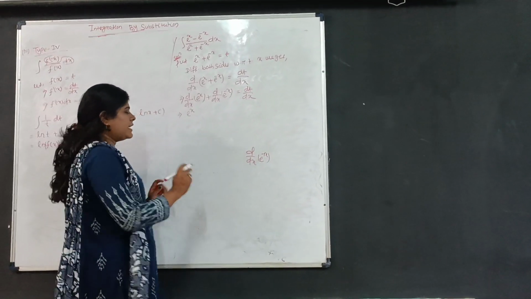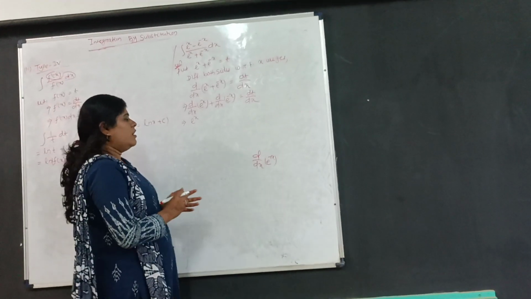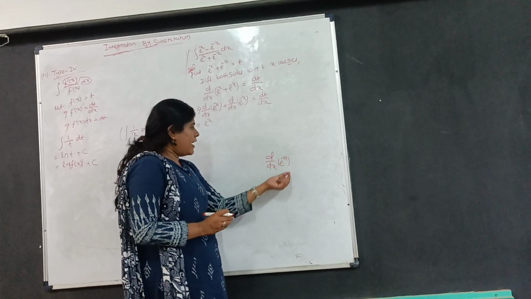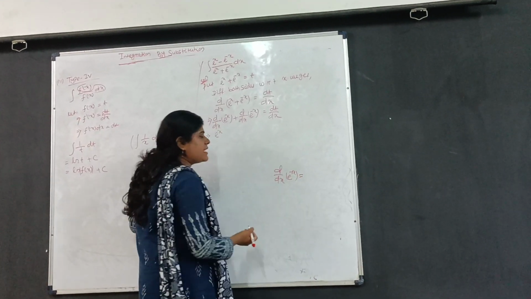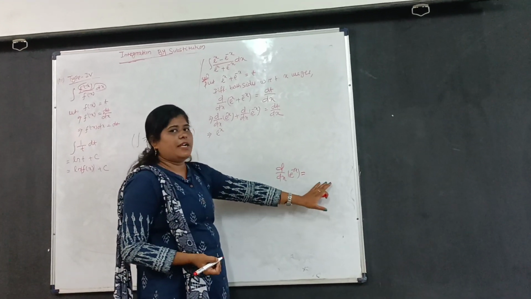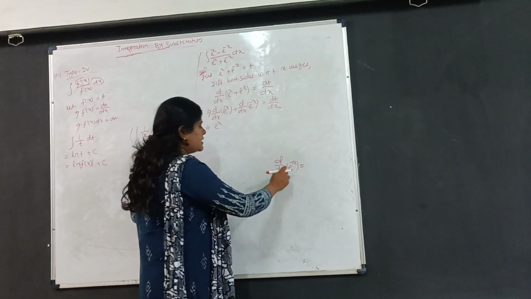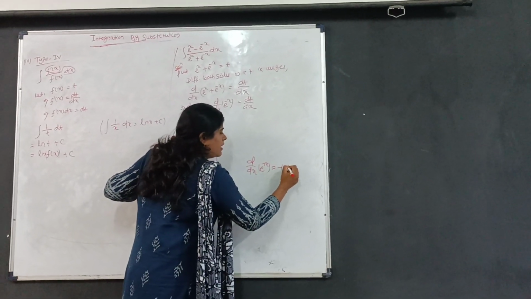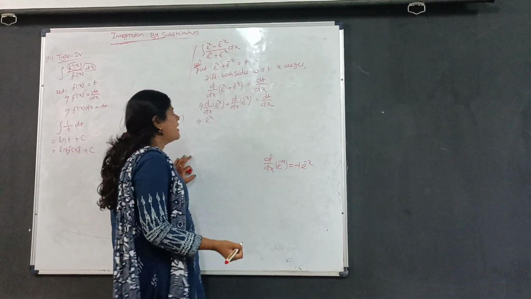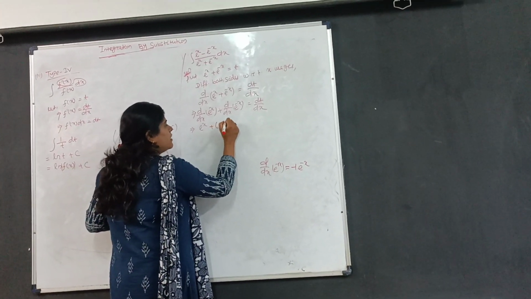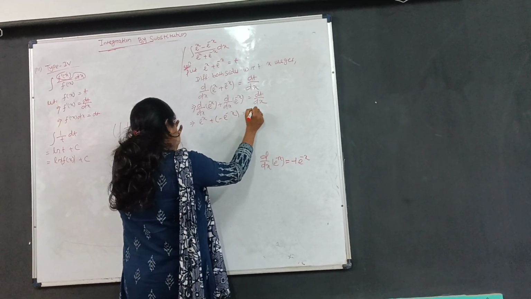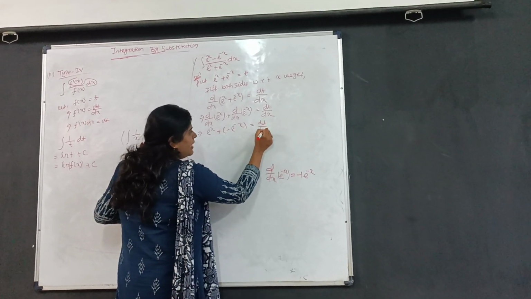We know that in case of differentiation, the coefficient of the variable, after the differentiation, should be multiplied in the whole term. So this is converted to minus 1 e to the power minus x. So e to the power x plus minus e to the power minus x is equal to dt by dx.